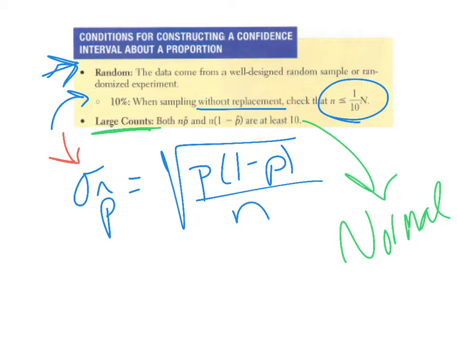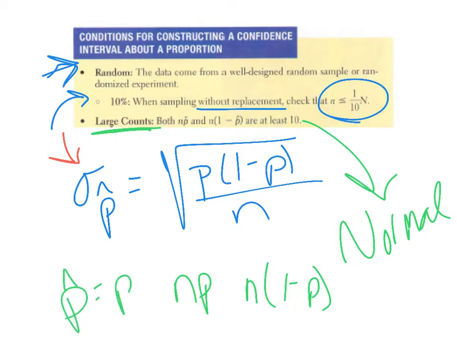Since we don't know p, remember before in the previous chapter it was np and then n times 1 minus p, not p hat. Since we don't know p, we can substitute p hat for p because remember, in large random samples, p hat is going to be close to p. So we can substitute it in when we're doing our large counts.